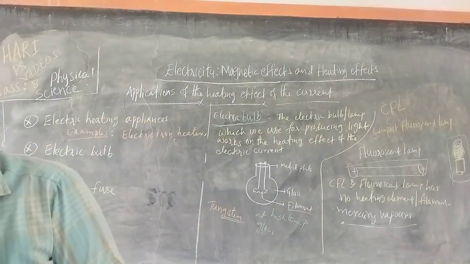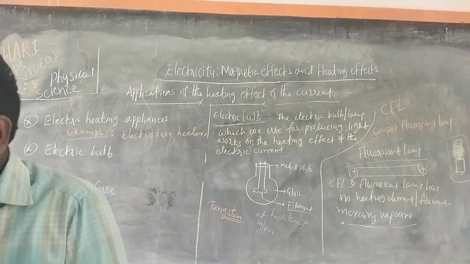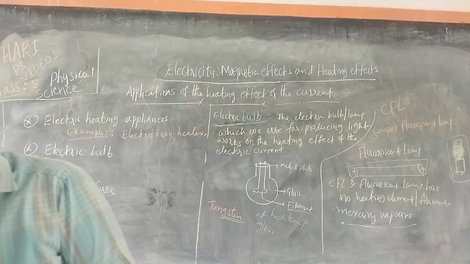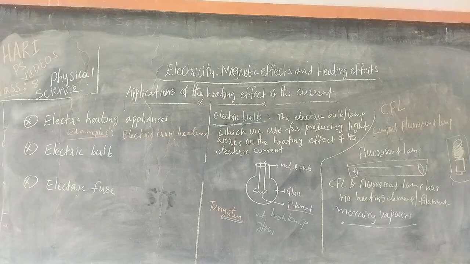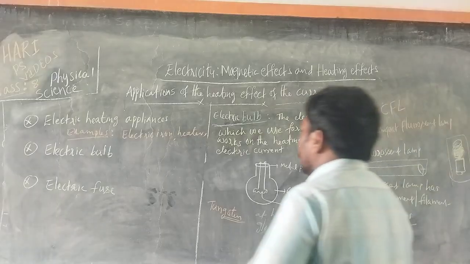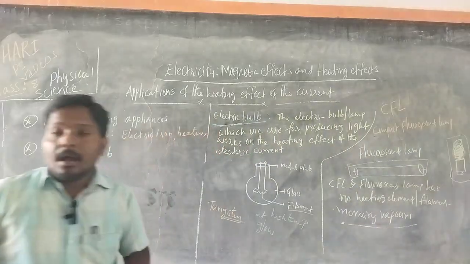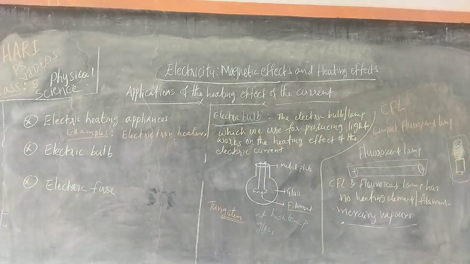When the fluorescent tube light is switched on and current passes through it, the mercury vapors emit invisible ultraviolet radiations.